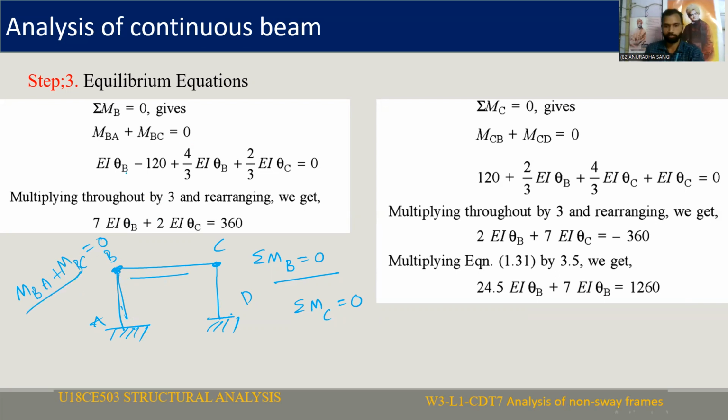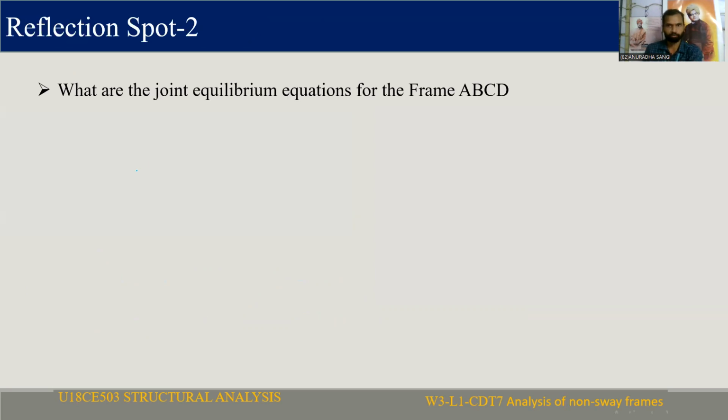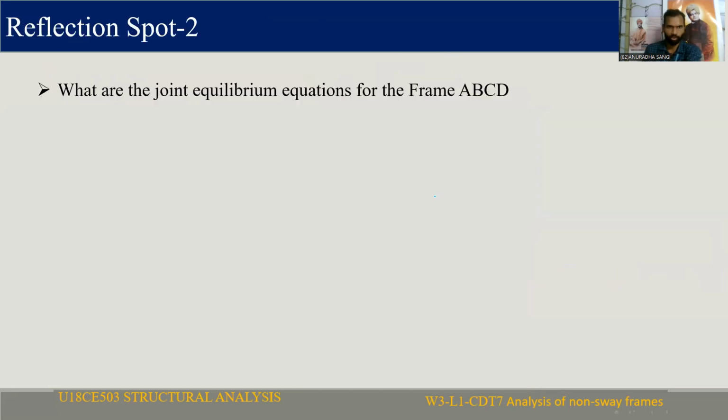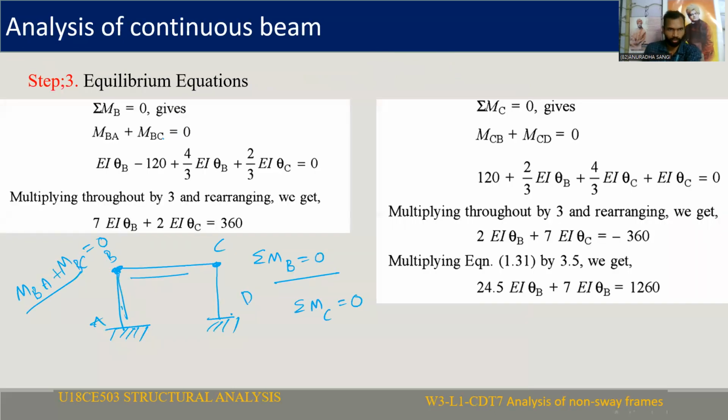We calculated MBA and MBC in step 2. Just add equations 2 and 3 and equate to 0. If you add and equate to 0, you will develop another equation. Let us say this is equation number 7.